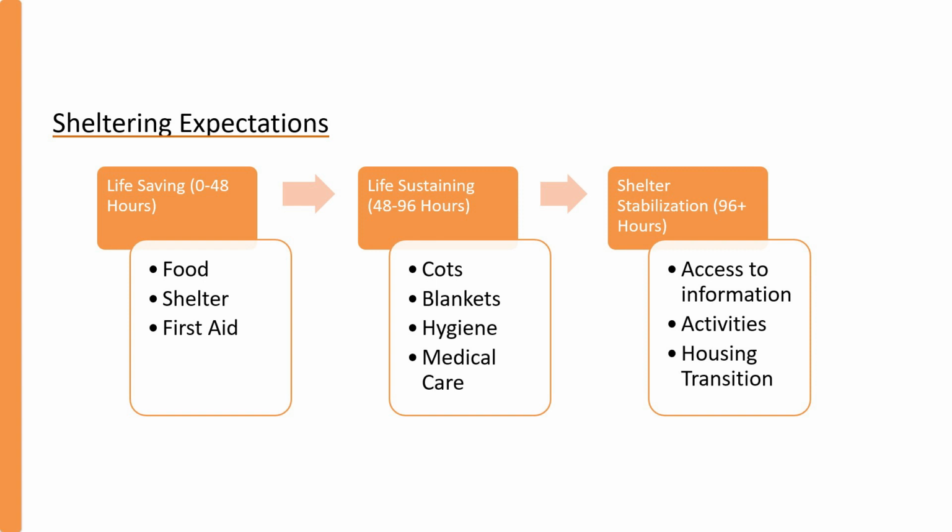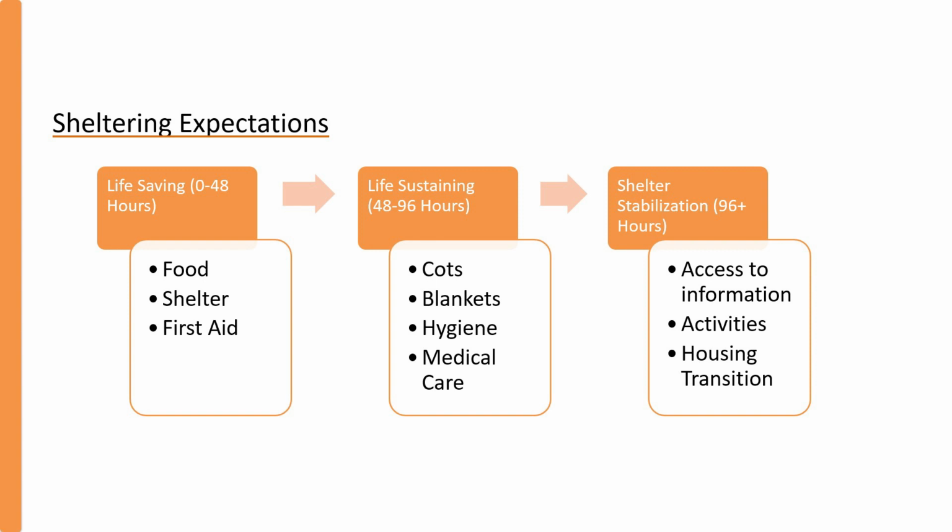This current slide directly comes from the Louisiana United Sheltering Plan, which clearly outlines that our goal within the first 2 days of an incident is to provide life safety measures inside a shelter. This includes food, typically MREs, shelter and a roof over your head, and basic first aid.